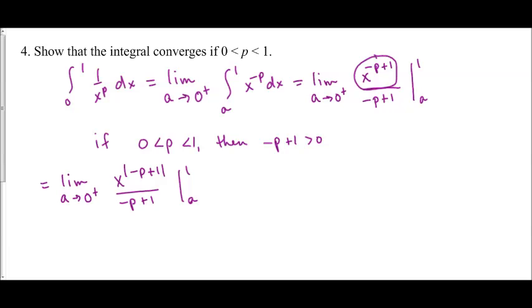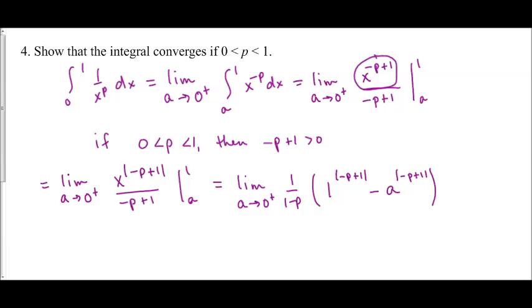And now I'm ready to substitute in my limits of integration. So I'm going to have the limit as a goes to 0 from the positive side. I'm going to pull out that 1 over 1 minus p, and then I'm going to have 1 to the negative p plus 1 minus a to the negative p plus 1, and those are absolute values on those exponents.